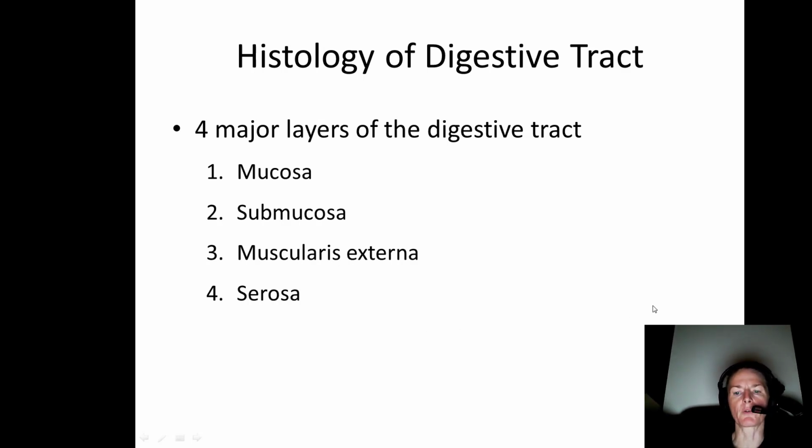And if you remember when we talked about serous membranes, you have the visceral layer, which basically has an areolar connective tissue layer, and then a very thin, simple squamous epithelium that lines the inside of the serous cavity, and then you have the parietal side.